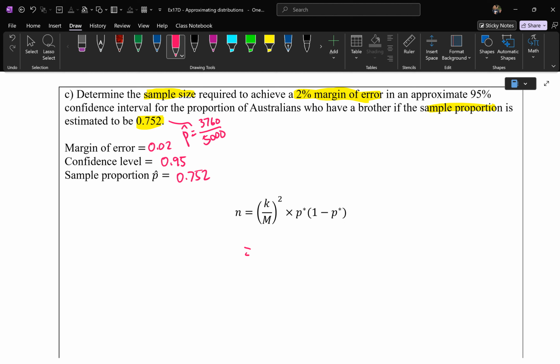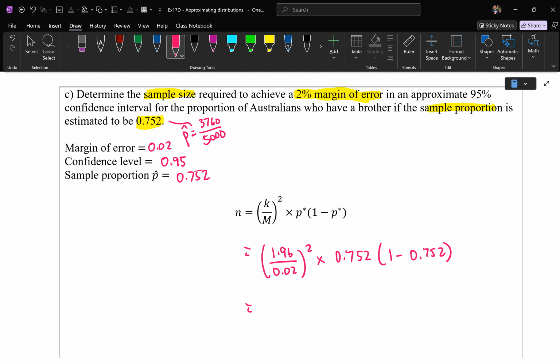Let's work it out. What is K in this case? 1.96. Very good. So it should be 1.96 over margin of error 0.02 squared times P star. I'll explain in the video, but essentially it is your sample proportion. Okay? So in this case here, 0.752 times 1 minus 0.752.